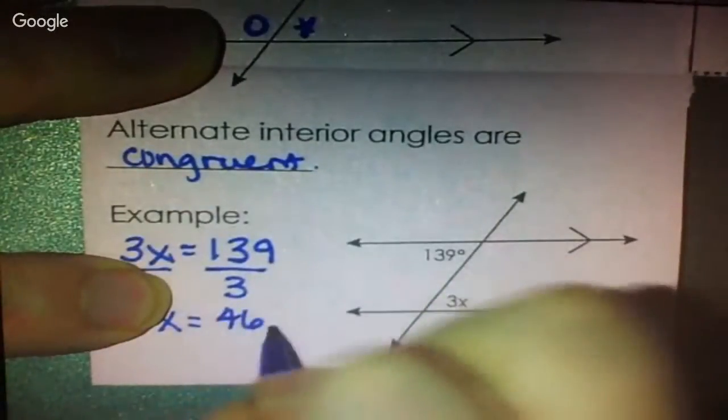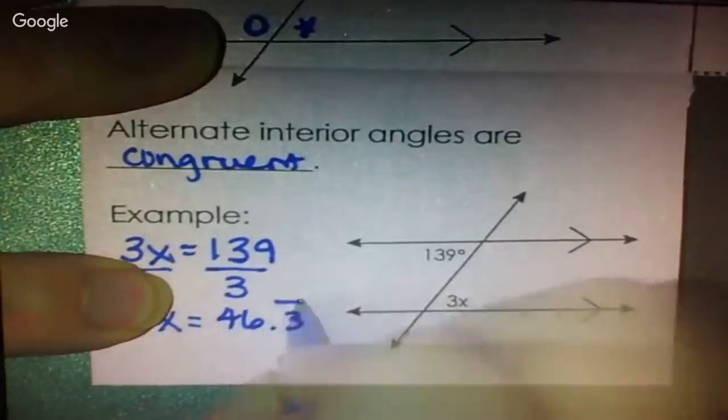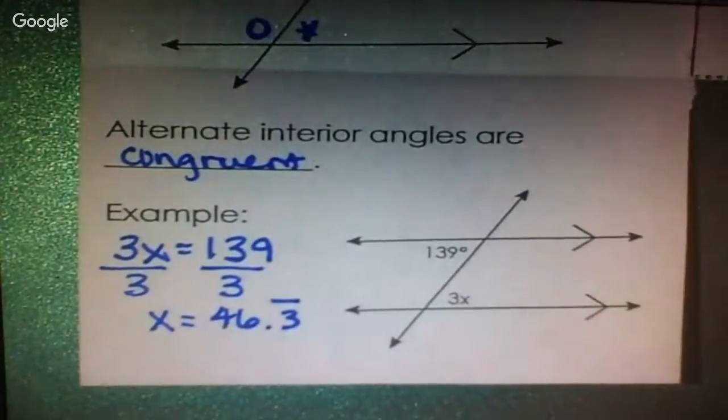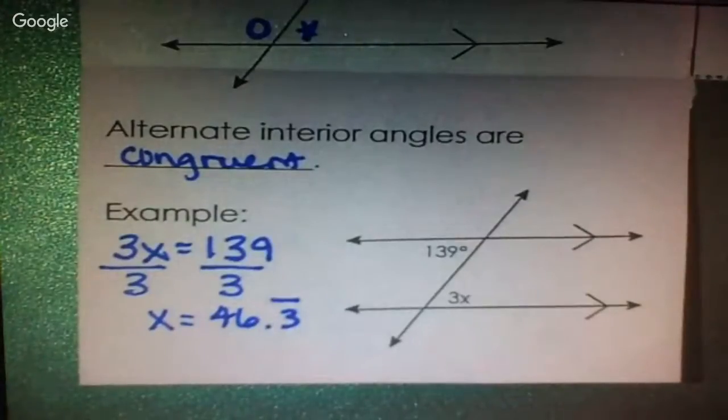So 46.3, put that line over top of that 3 that shows that it repeats over and over and over again. Are we actually going to get wrong answers like that? More than likely, because then they usually want you to take it and plug it back in and actually get an answer for the angle.